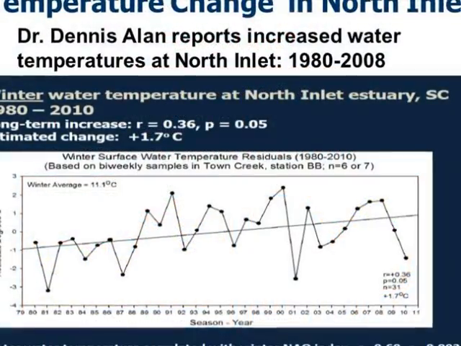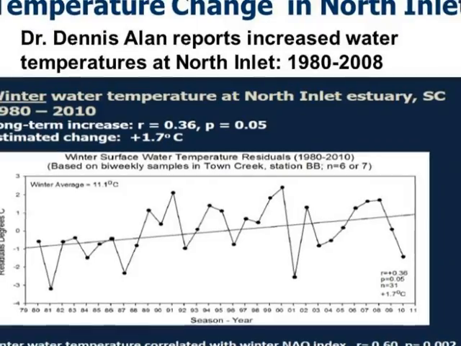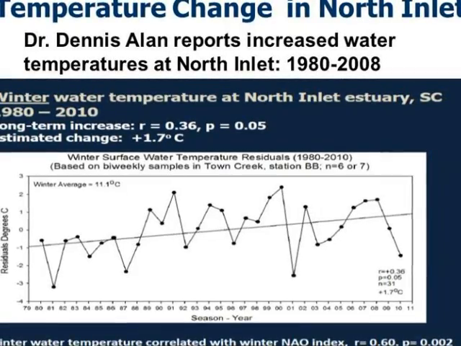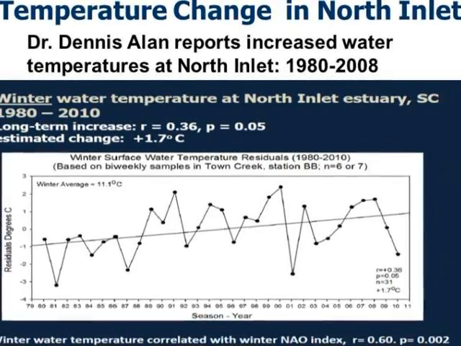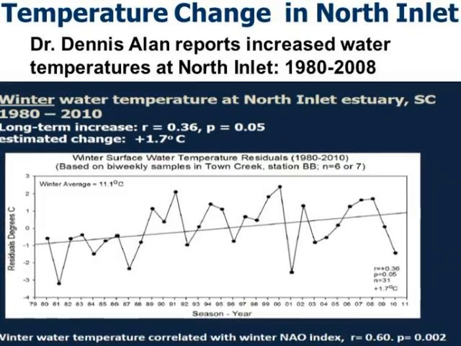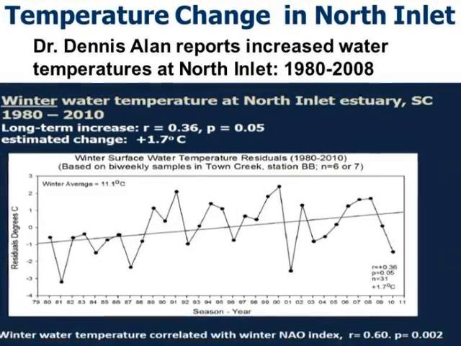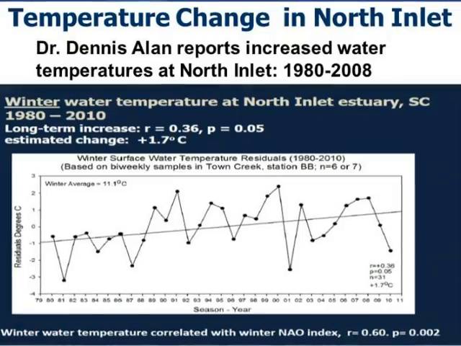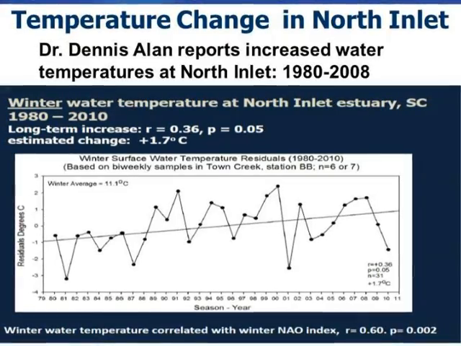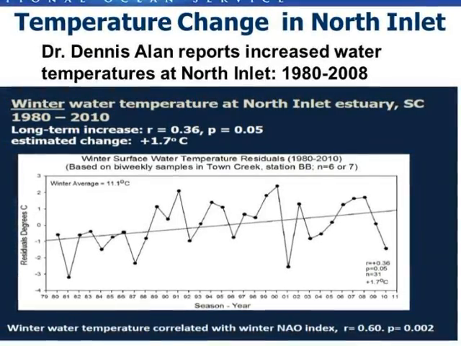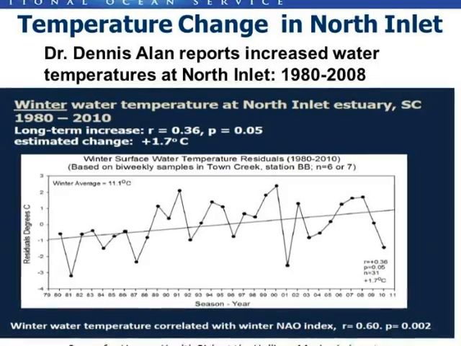Well, I think this next slide is a graphic slide that really tells quite an interesting story. These are the daily temperature changes from 1980 through 2008 measured in North Inlet, which is a NOAA National Estuarine Research Reserve located in Charleston, South Carolina.